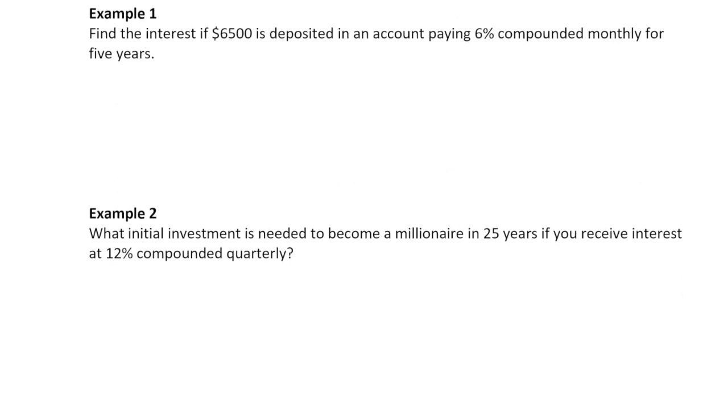Find the interest if $6,500 is deposited into an account paying 6% compounded monthly for 5 years. So this question, to get started with, I would recommend always writing out your formula until you have it down.